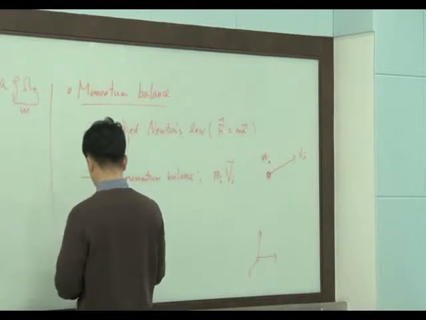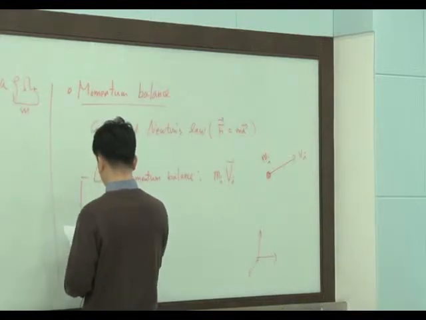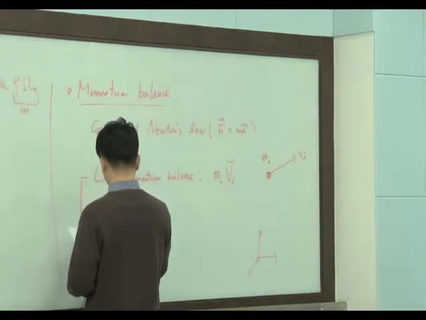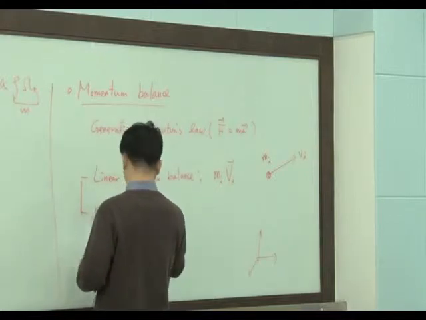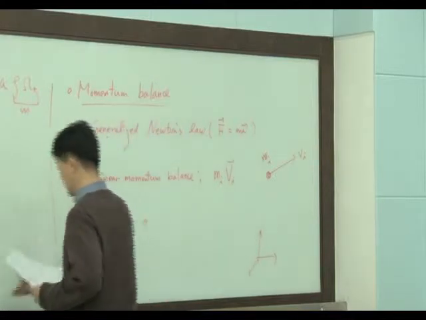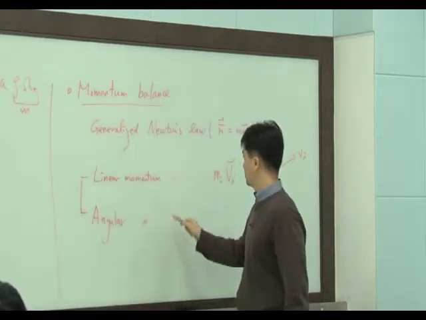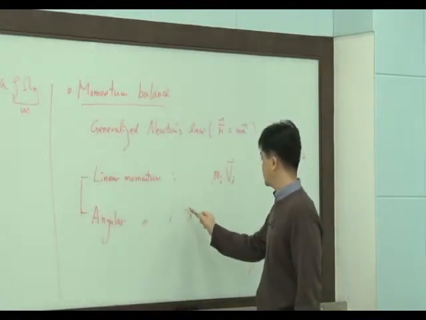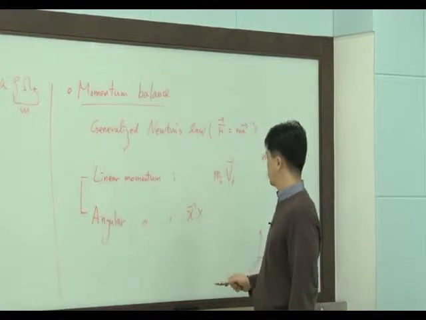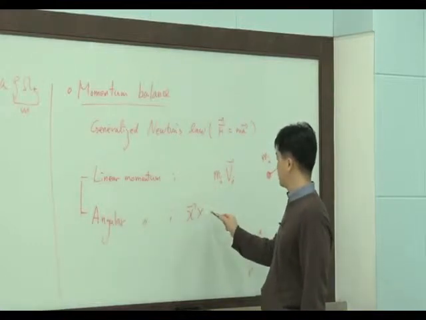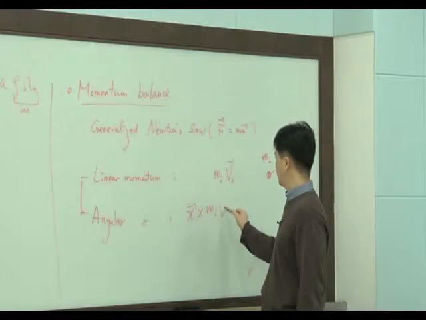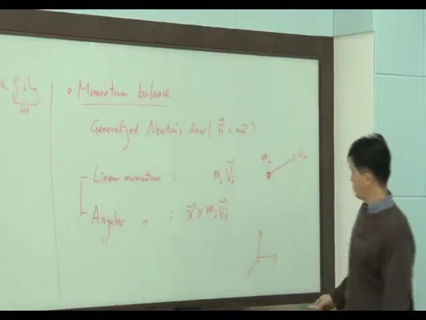This is the linear momentum. And then the other momentum is angular momentum. Sorry, I need to delete balance. So this is linear momentum, angular momentum: x cross m_i v_i. This is the angular momentum.